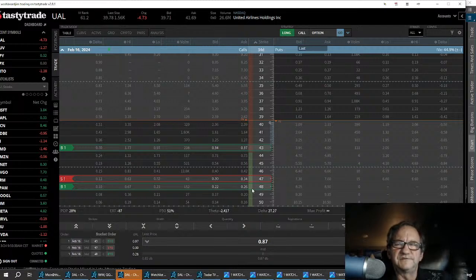Call, sell it, and then I'd buy the 48 call, and that comes to 87 bucks. This would be UAL. This would be a long-term trade. February 16th, maybe even longer. I'd take it out a month and trade this. That's called a broken butterfly.